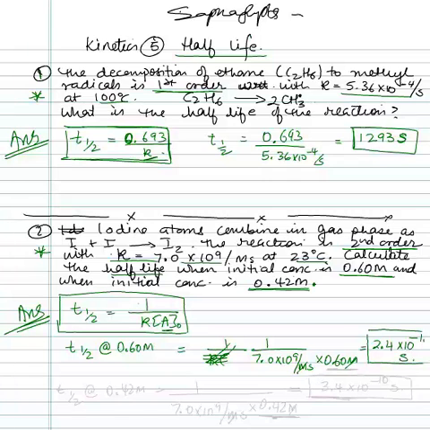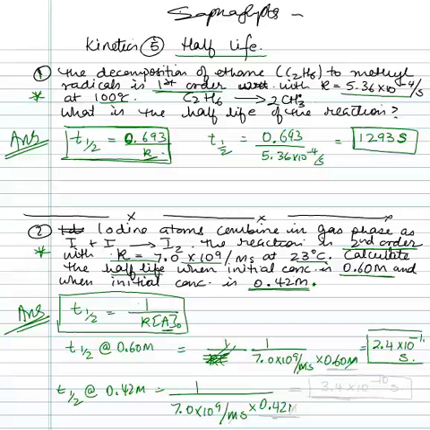That's our first answer. And then t half at 0.42 molar is going to be, again, the same calculation, 7.0 times 10 to the power of 9 per molar per second, and times, now the initial concentration is 0.42.